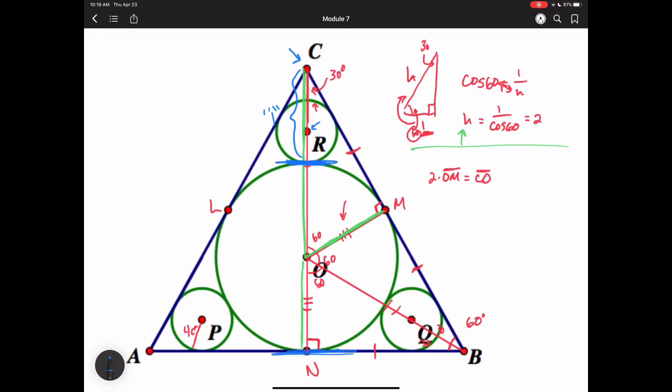Then going all the way is 1, 2, 3 jumps, okay? So we know that actually circle R is exactly 1/3 the size of circle O, which means if we multiply circle R's radius by 3, we'll get the radius of circle O. Okay, and what is 3 times 4? Well, that's 12 centimeters, okay?